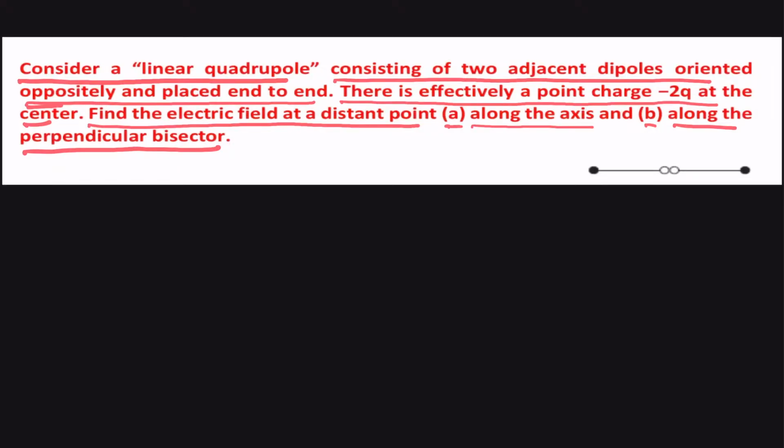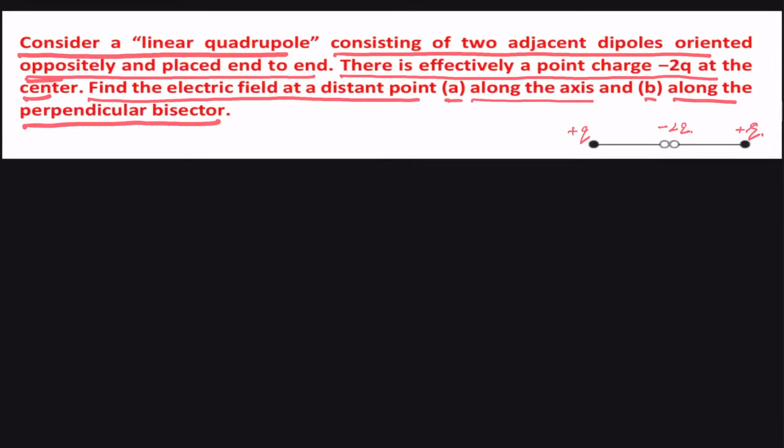So at the center it is minus 2q. On the left side it will be plus q, and the right side will also be plus q. And for the sake of convenience, let us assume that this is x equal to 0, left side is x equal to minus a, and right side is x equal to plus a.